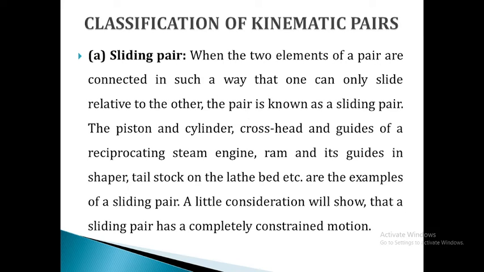When one link slides with respect to the other link, this type of kinematic pair is known as sliding pair. Okay, sliding pairs. When one link is having a sliding motion along the other link, then the kinematic pair is known as sliding pair.